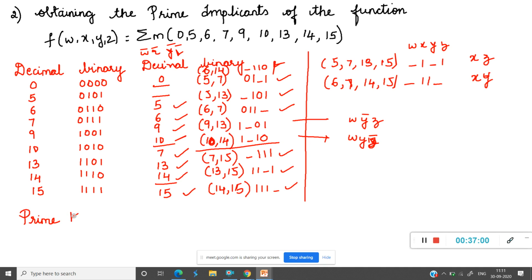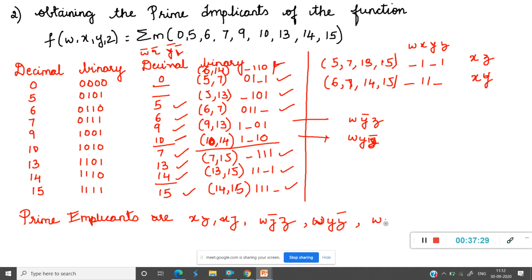So I have to list it like this. Prime implicants are XZ, comma, XY, comma, WY bar Z, comma W Y Z bar. Why it is W Y Z bar.